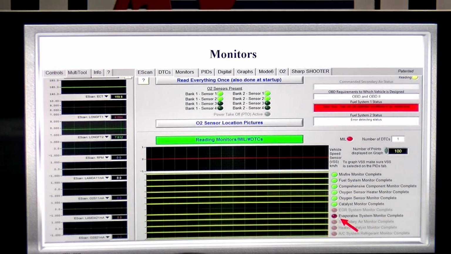Now monitors. A lot of people go, well, I'm not in an emission state, so why do I care about monitors? Well, the reason you want to care is you see that EVAP monitor? It's not ready. I have the arrow pointing at it.